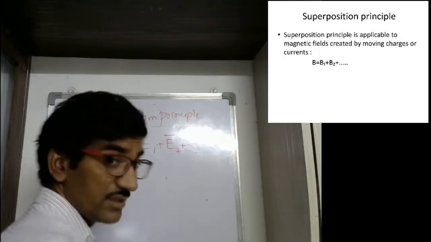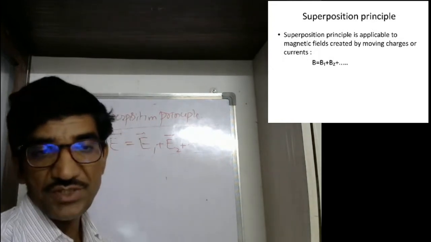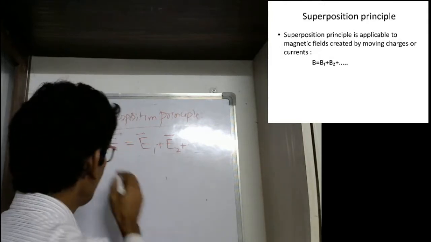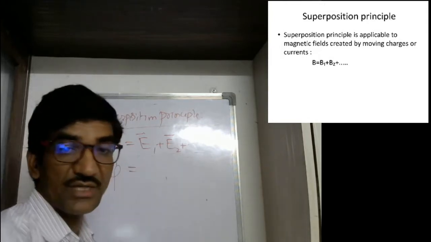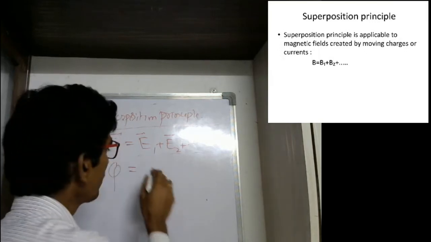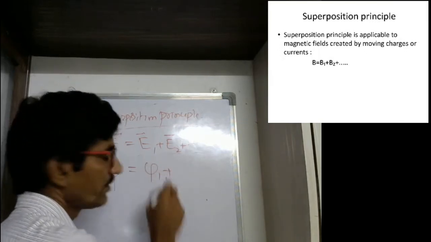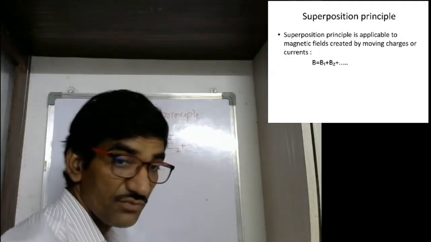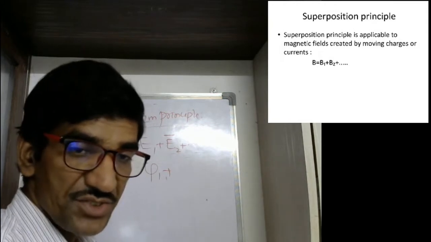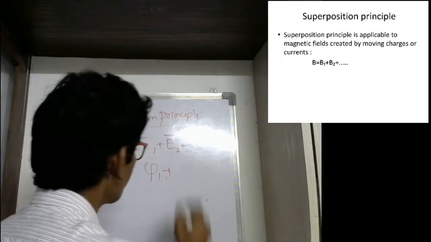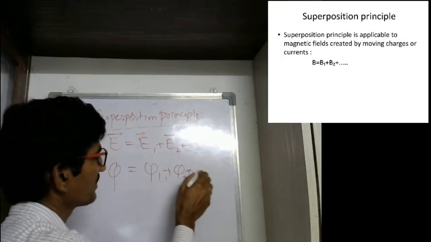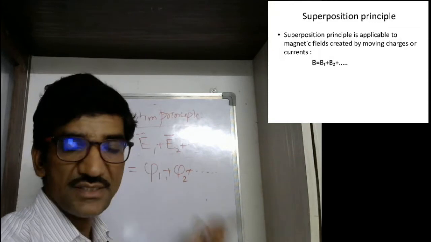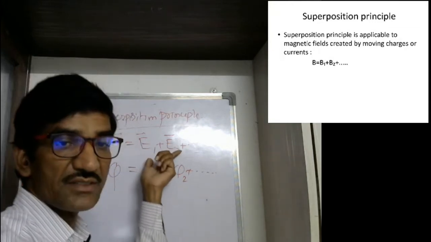Next, the same superposition principle is also applicable for the scalar, that is potential. Total potential phi is equal to the sum of the potentials due to all the charges, phi 1 plus phi 2 plus and so on. Here, this sum is a scalar sum. Here, this sum is a vector sum.